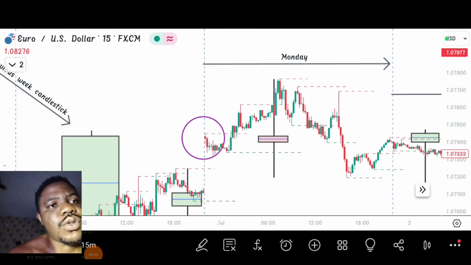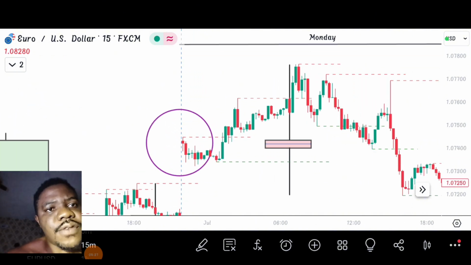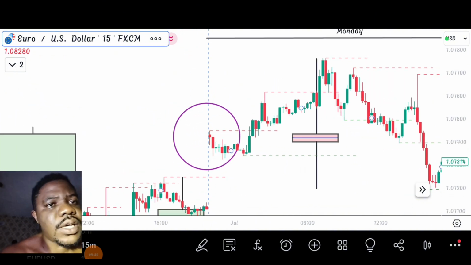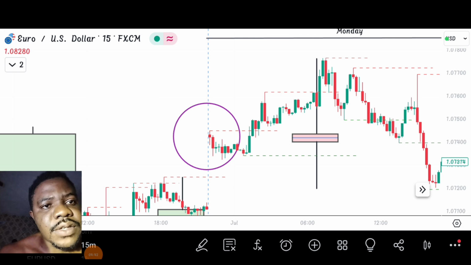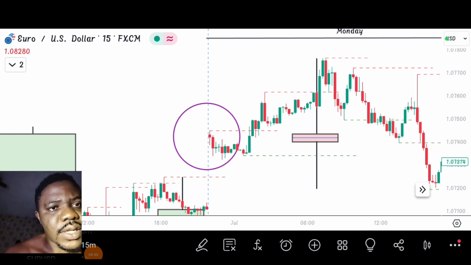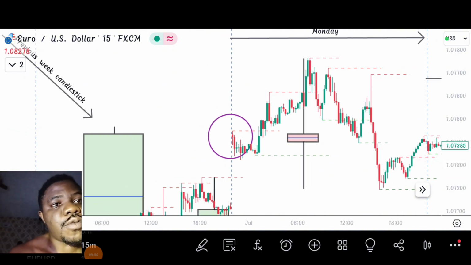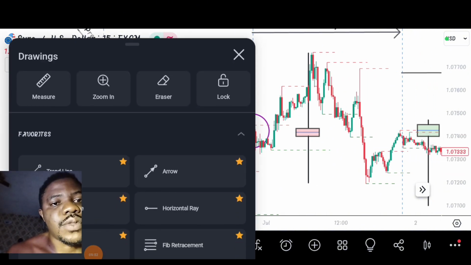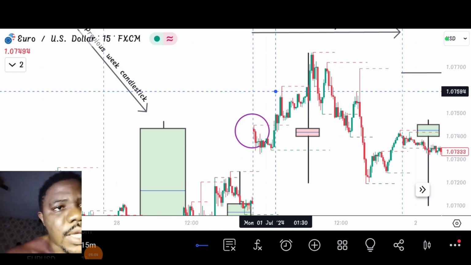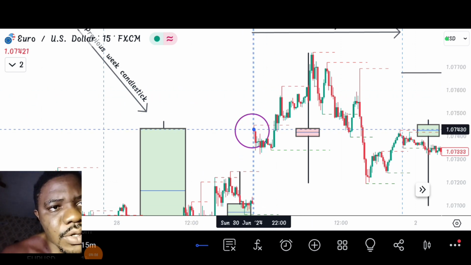Looking close inside of that circle which I highlighted, you're going to see that there is a bearish candle there, and the open of it was the open of the previous week. So we want to take our horizontal ray and mark at the top of it here.